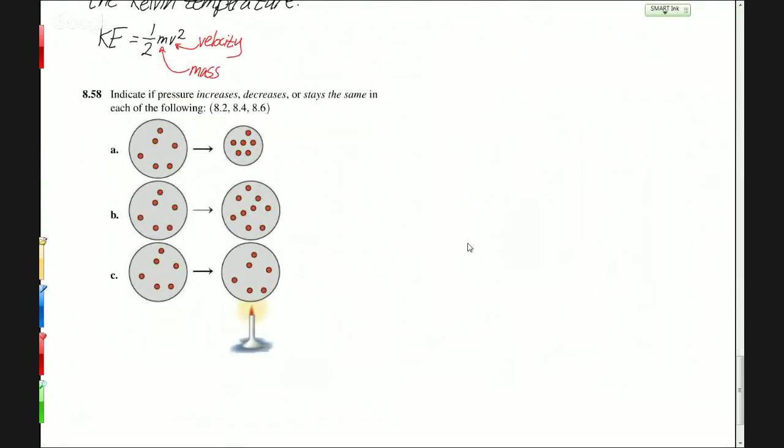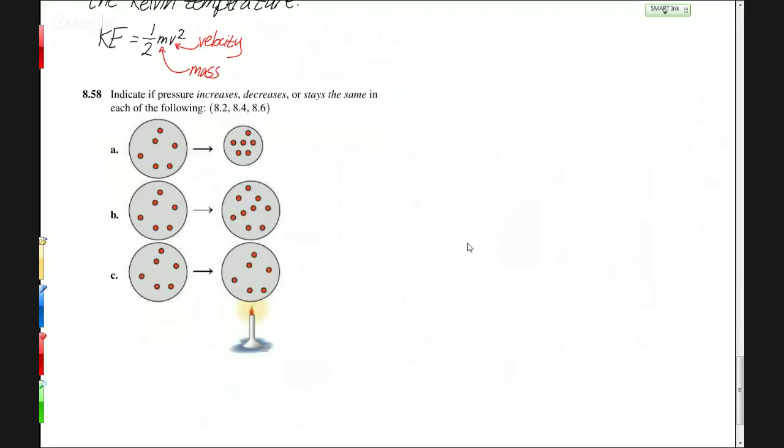So the question asks, indicate if the pressure increases, decreases, or stays the same in these changes. But I want to also add why. What is happening to the particles themselves that is causing that change?